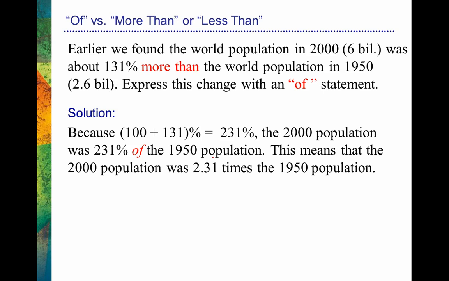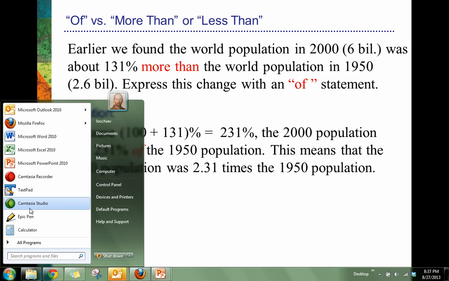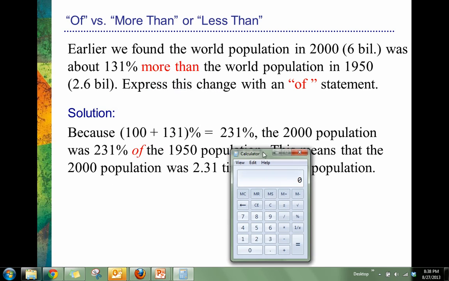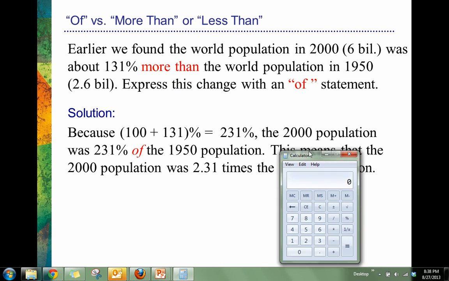And again, like I was explaining before, this simply means that the 2000 population was 2.31 times that of the population in 1950. And we can verify that. Unfortunately, I think I just closed my calculator. Let me open it up again real quickly. So let's verify that.